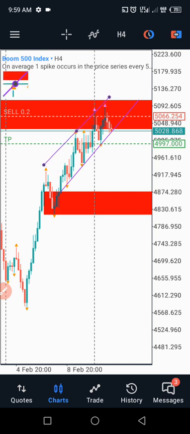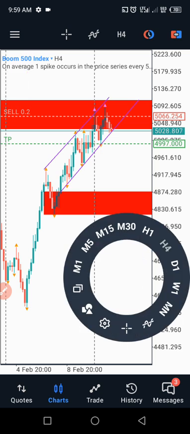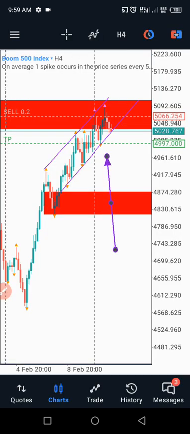The way we trade a channel is to wait for a breakout. So I was supposed to wait for price to break out from this channel here, but as an aggressive trader, I already know that market has started selling, so I didn't wait for that to happen.